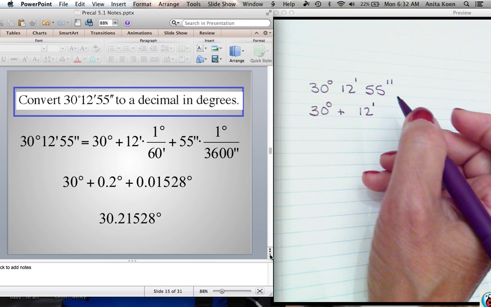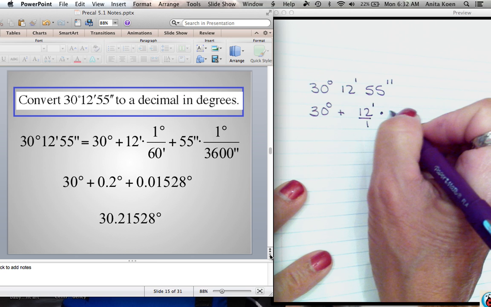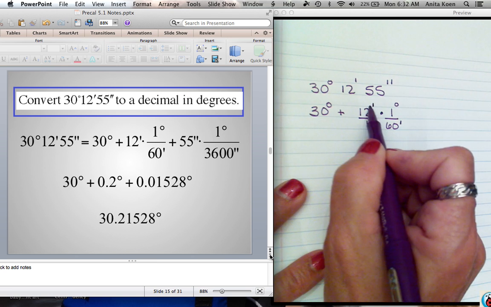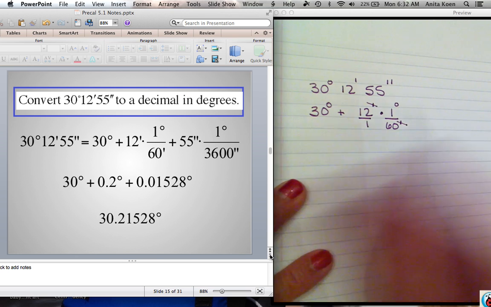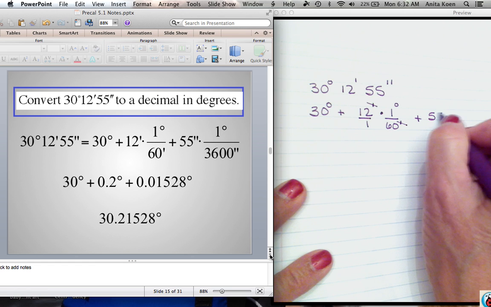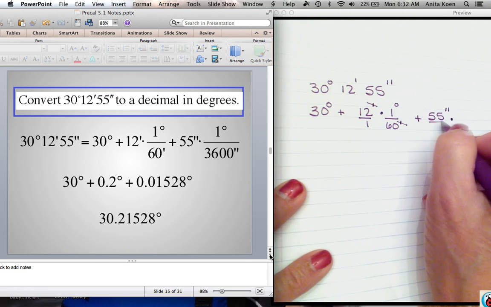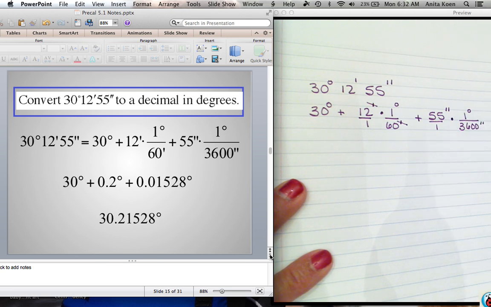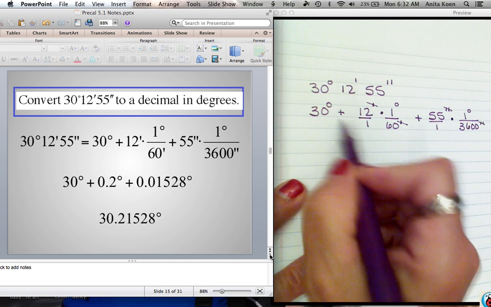I want to change to degrees, so I'm going to use my conversion factor of 1 degree is 60 minutes, and I'm putting the minutes in the denominator because I want these minutes to cancel out. Plus 55 seconds. I want to change this to degrees, so I'm going to put my seconds in the denominator. So 1 degree is 3,600 seconds. Now these will cancel, and so now I have all degrees.